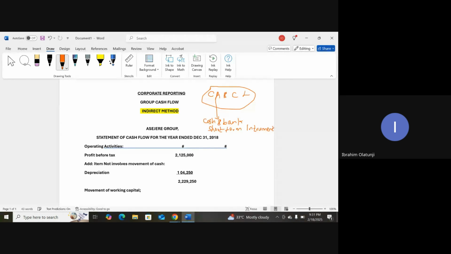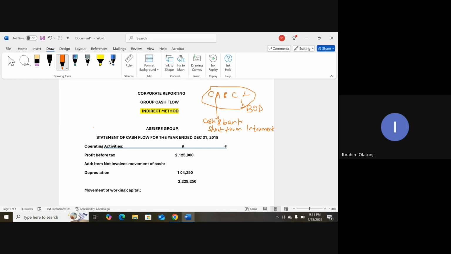It means that under my current assets, I will ignore cash and bank and short-term instrument. Under current liabilities, I will ignore bank overdraft. So cash at bank, short-term instrument, and bank overdraft will not be included when I'm doing my movement of working capital.